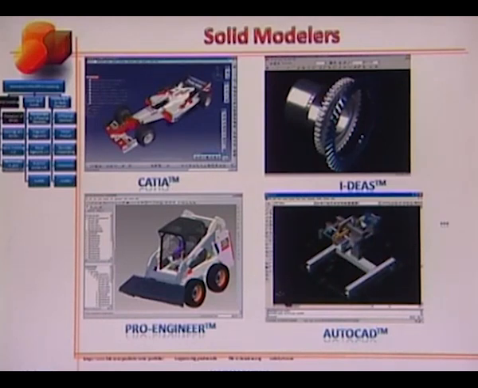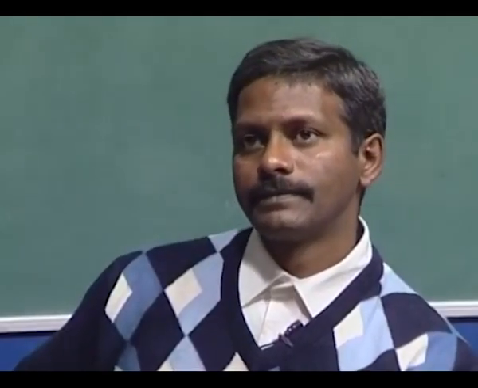A few of them are also freely available on the net. The idea is not to patronize any single software in particular, but use just one as an example to show how solid modeling works.